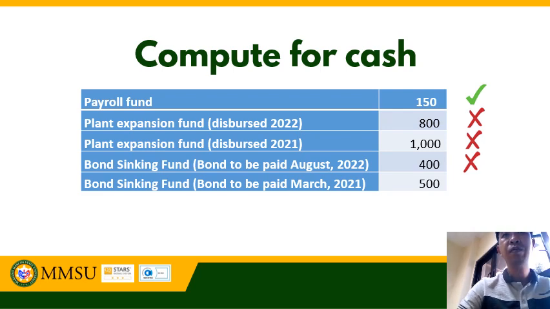Bond sinking fund to be paid March 2021. Now, this time, it's part of cash and cash equivalents. If the liability becomes current, it becomes non-restricted to settle a liability for the next 12 months, so it is part of cash. So the answer in this problem is 600.